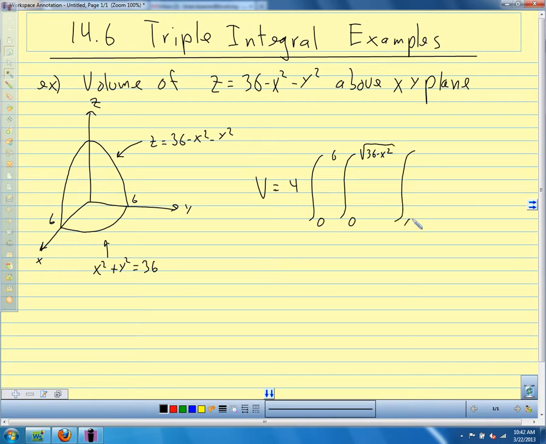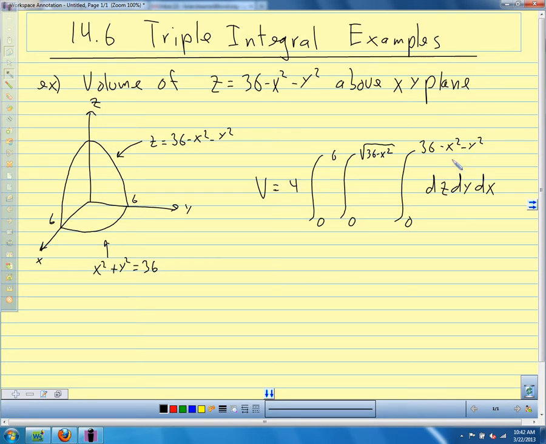And z is going to vary from 0 to our surface, 36 minus x squared minus y squared. And we have dz, dy, dx. So after we do this first integral, the z integral just evaluates. This is constant with respect to z.